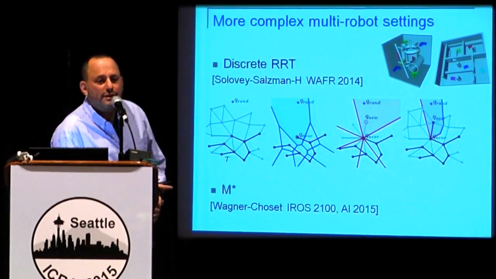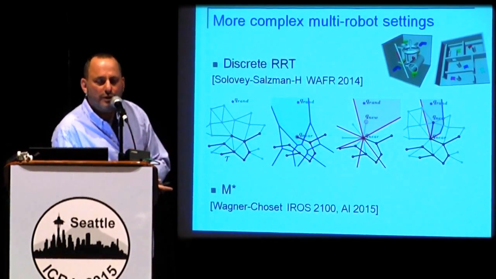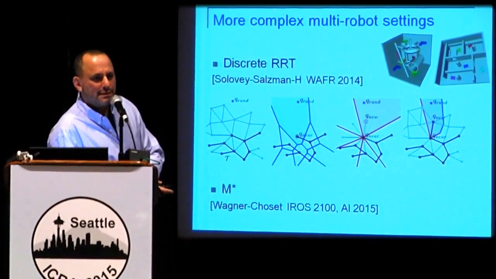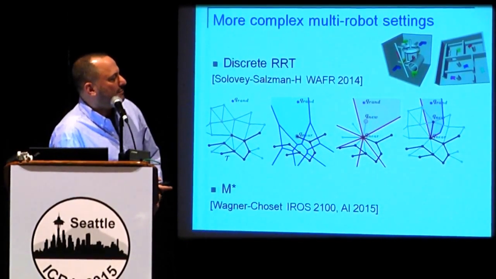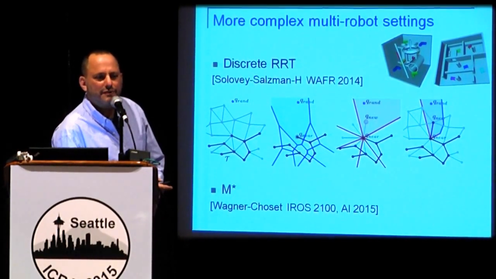We call it discrete RRT. It enables us to efficiently handle the tensor product of many small configuration spaces. There is a competing algorithm, M-star by Wagner and Choset. Each of the algorithms performs better in different situations.